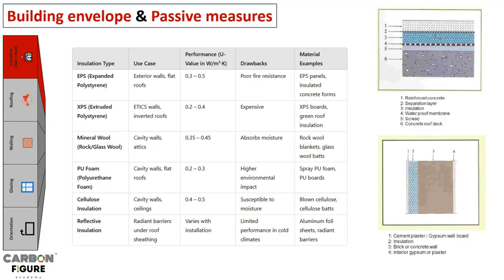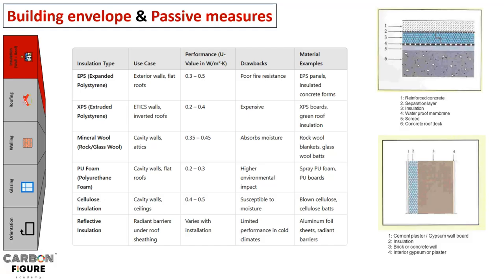And finally, we have insulation, walls and roof. So there are different insulation options. EPS, expanded polystyrene, 0.3 to 0.5. XPS, extruded polystyrene, 0.2 to 0.4. That's good. Mineral wool.